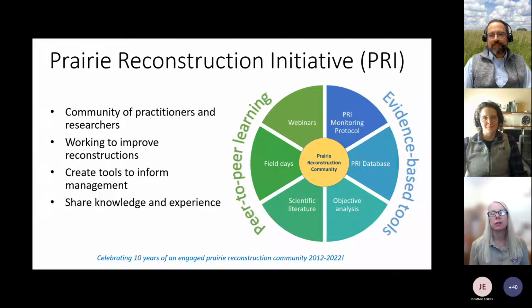Our tools include a vegetation monitoring protocol and a prairie reconstruction database for collecting a standard suite of data about our reconstructions. By pooling and analyzing data from many reconstructions, we hope to reveal pivotal elements that will increase the likelihood that all reconstructions meet expectations.